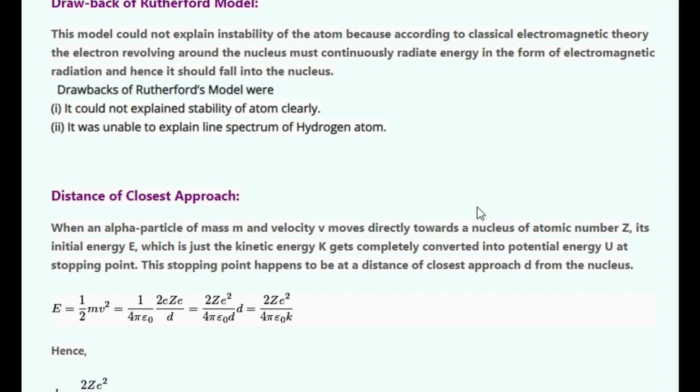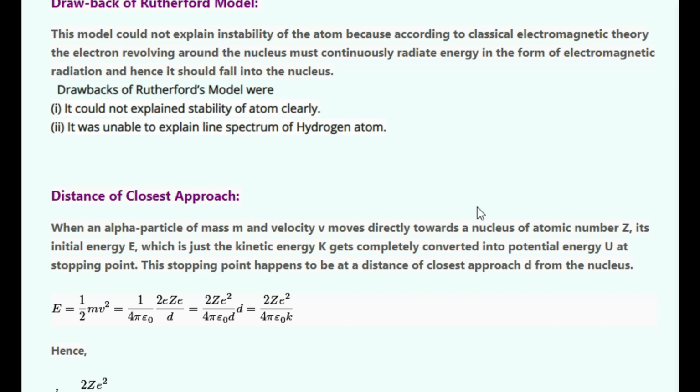We have already studied in our chapters on electricity that whenever a charged particle revolves, it creates a magnetic field and it loses some energy. If a charged particle like an electron went on revolving around the nucleus, it must emit some radiation. That radiation will gradually decrease the energy, that means the kinetic energy of the electron.